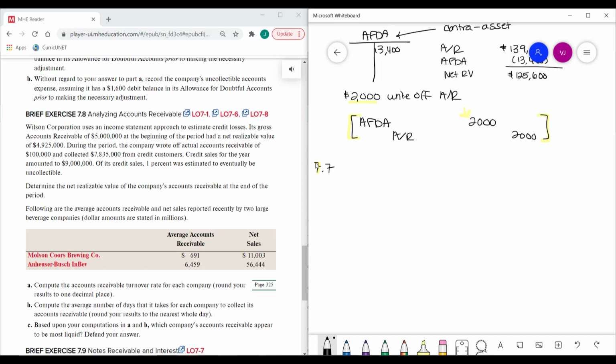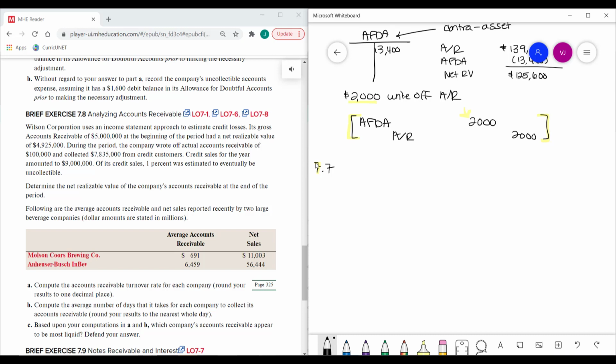During the period, the company wrote off actual accounts receivable of $100,000 and collected $7,835,000 from credit customers. So credit sales for the year amounted to $9 million. Of its credit sales, 1% was estimated to eventually be uncollectible. Determine the net realizable value of the company's accounts receivable at the end of the period.